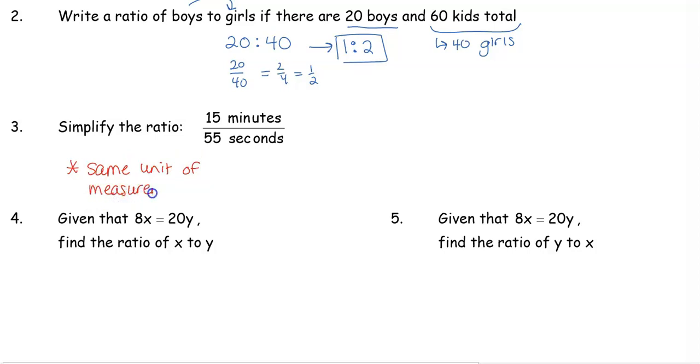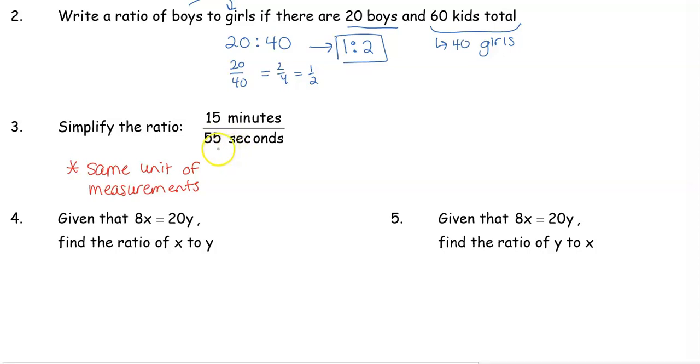And the good thing is it doesn't matter if you convert from minutes to seconds or seconds to minutes. In the end, your answer is going to be the same, but one way is going to be easier than the other, because if you're making something larger versus smaller, you're either going to be multiplying or you're going to be dividing. It's always easier and you're less likely to make mistakes if you end up having to multiply to get to the same unit of measurement.